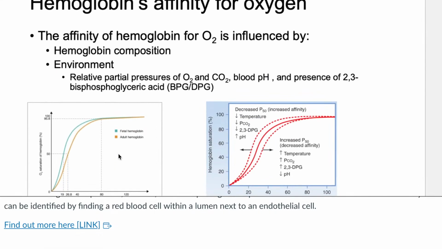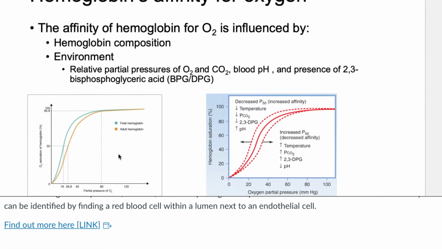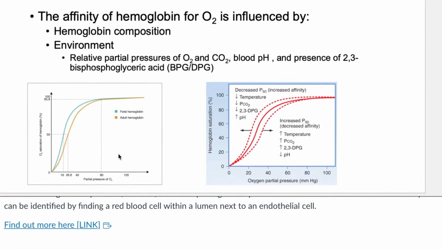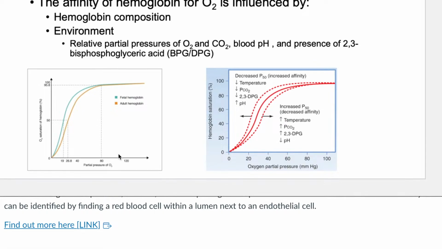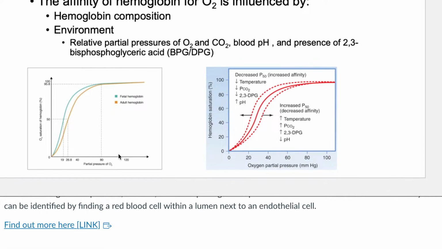Hemoglobin's affinity for oxygen. The affinity of hemoglobin for O2 is influenced by hemoglobin composition in the environment, relative partial pressures, blood pH, and presence of 2,3-DPG. Anyways.